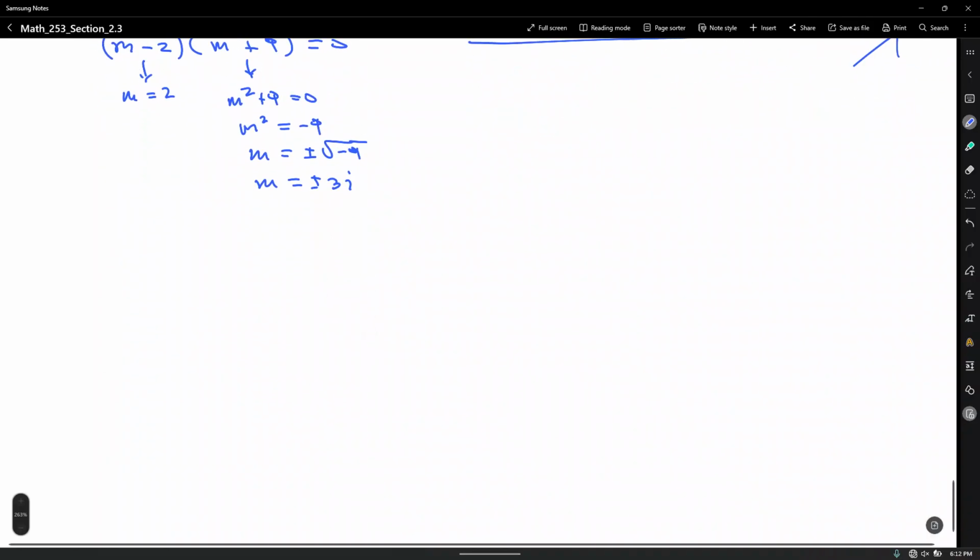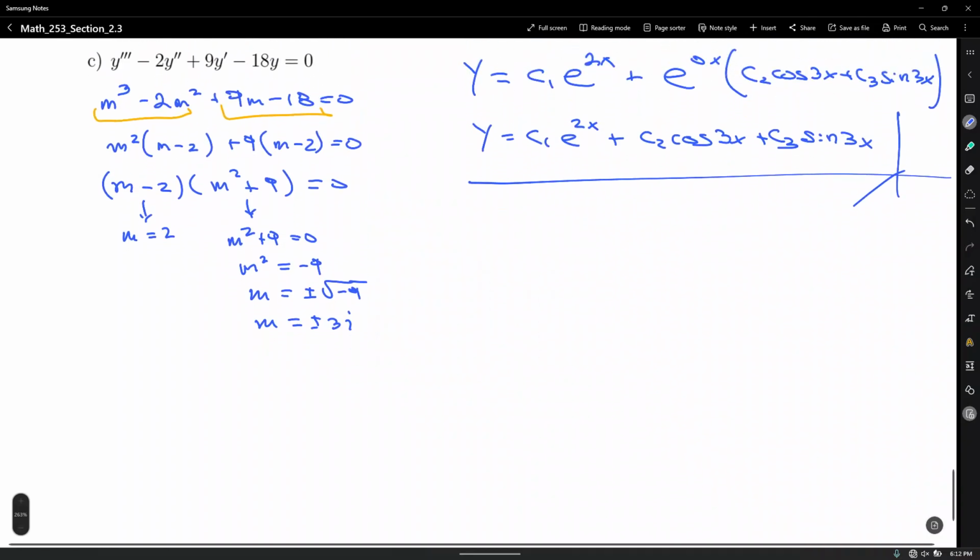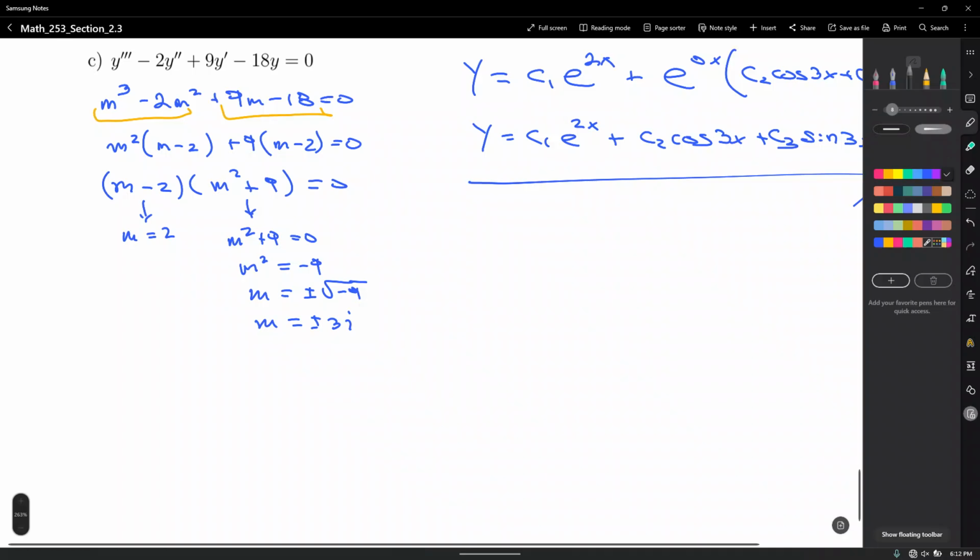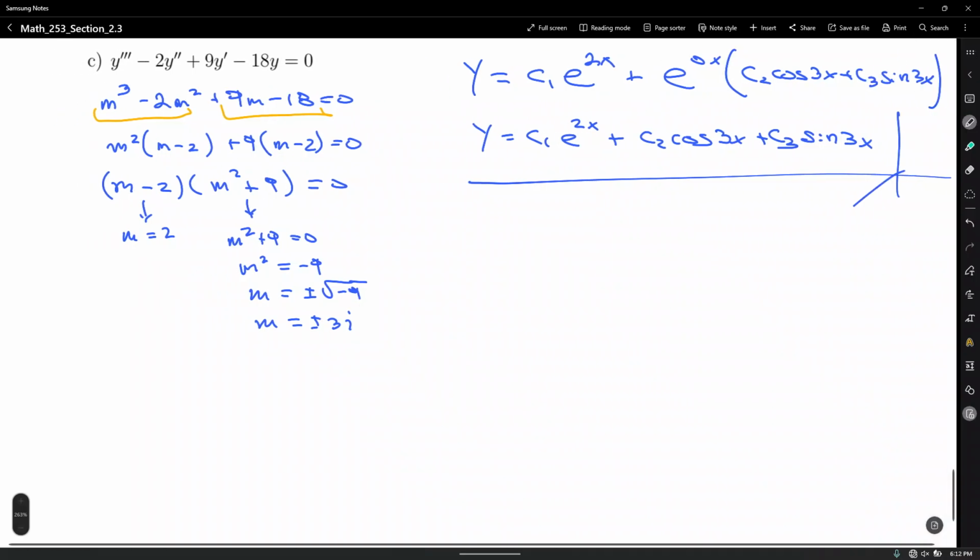Well, actually, you have plenty of space for one more here. So let's do D. That is y triple prime minus y double prime minus 14y prime plus 24y equals 0.